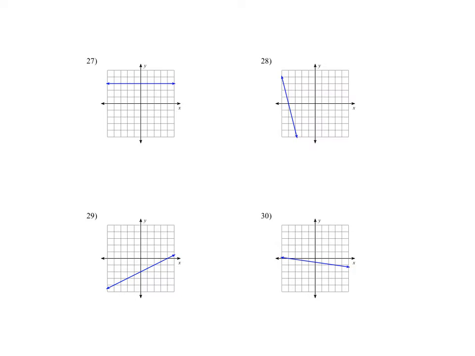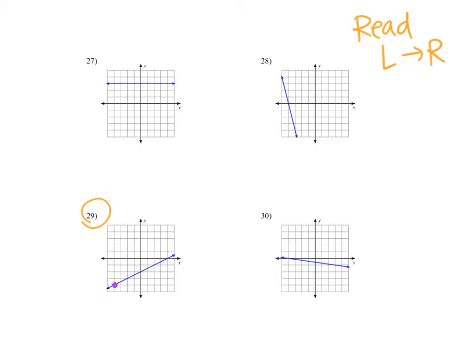And you're going to read like you read a book. So you read from left to right. We're going to start off with a point on the left side, and then a point on the right side. I'm going to start off with maybe number 29. So I'm going to pick a point that crosses a corner of one of those boxes.